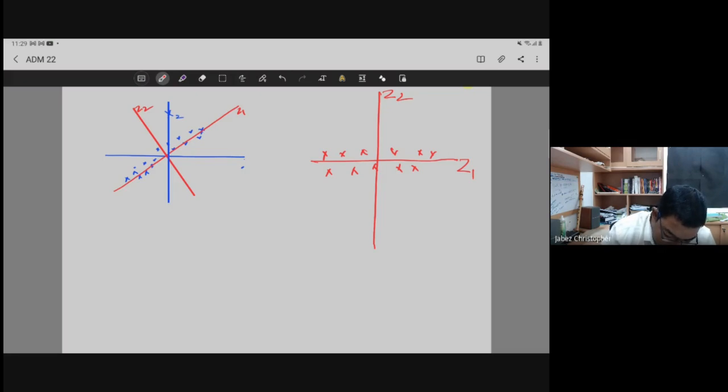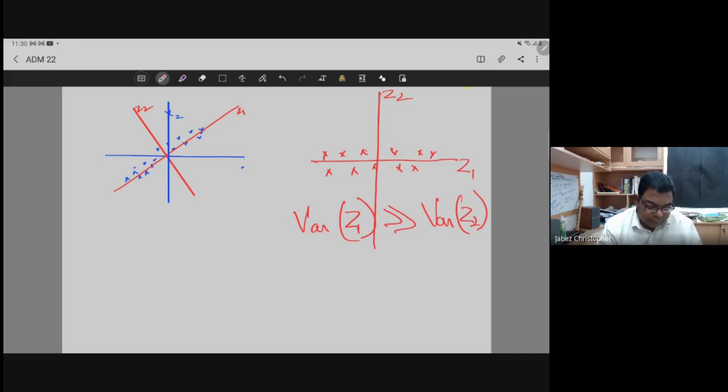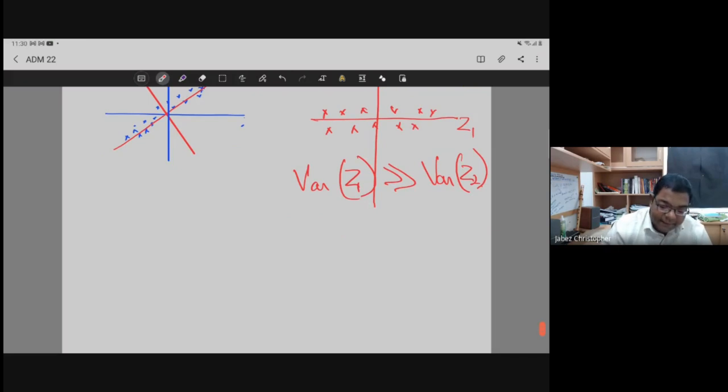So now the variance across Z1 is much greater than the variance across Z2. Our motivation is we need a mathematical model to transform a correlated set of points to an uncorrelated set of points. What have I done here?